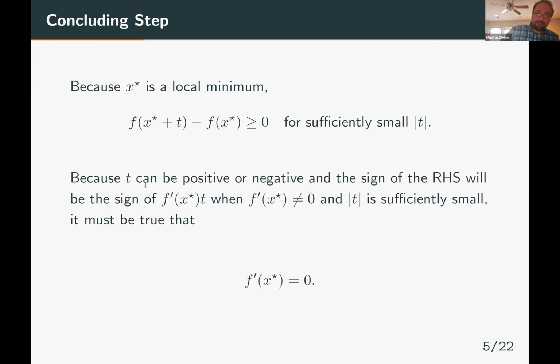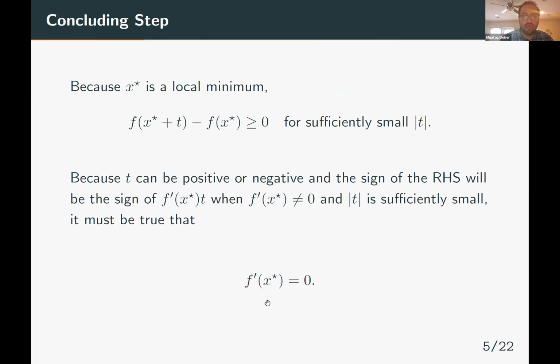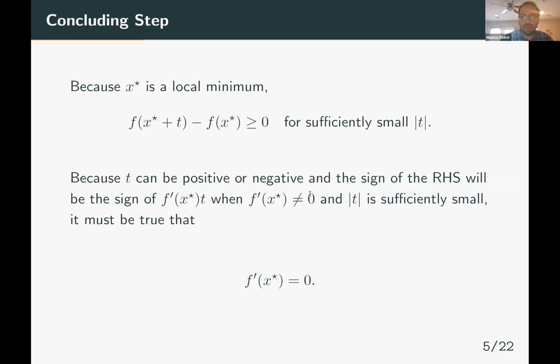the sign of the right hand side will be the sign of f prime times t, when the magnitude of t is sufficiently small.